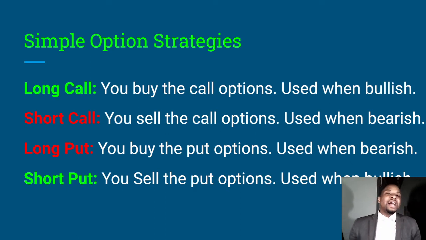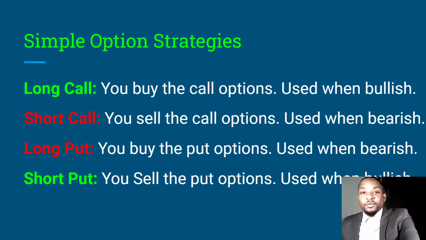A long put, you will be buying put options because you're bearish as well. And a short put means you'll be selling put options because you're bullish. For you out there who don't know what bullish and bearish means, being bullish means you think the market is going to go up, and being bearish means you think the market will be going down.